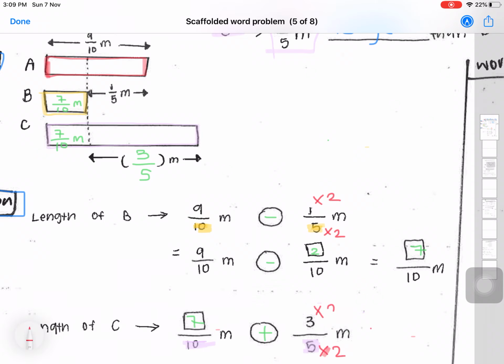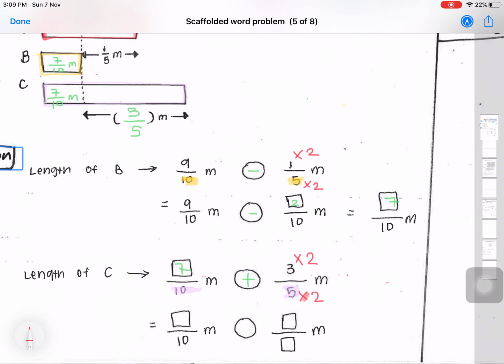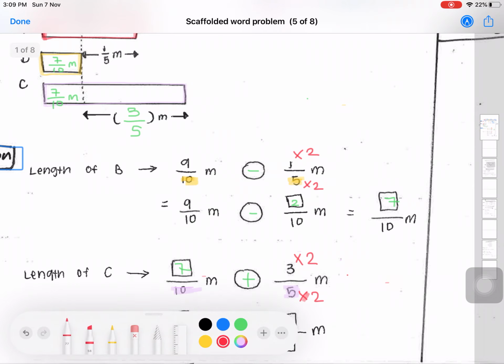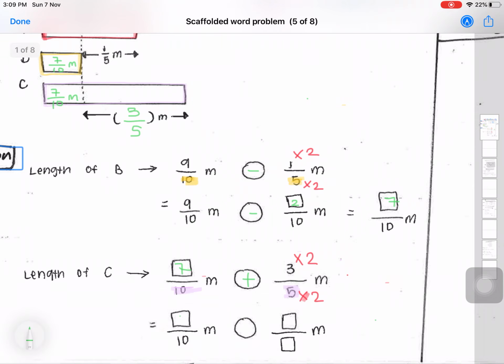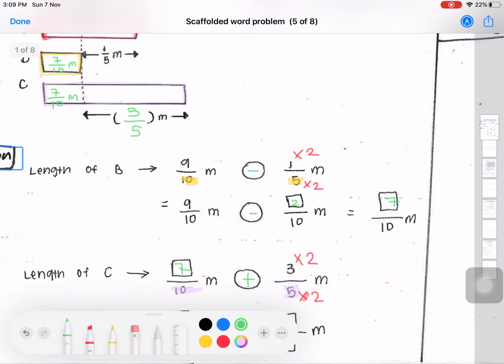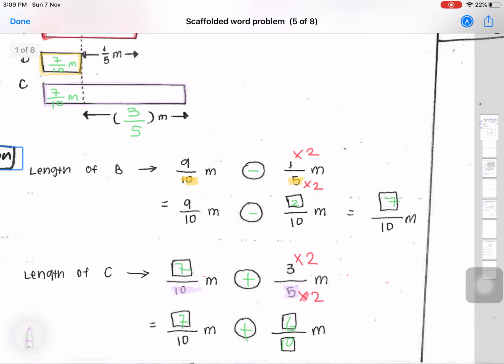So times 2 in the denominator, times 2 in the numerator. And we have got 7/10 meter plus 6/10 meter. So now, can you see that the denominator is the same? It is the same. So now we can add 7/10 and 6/10.